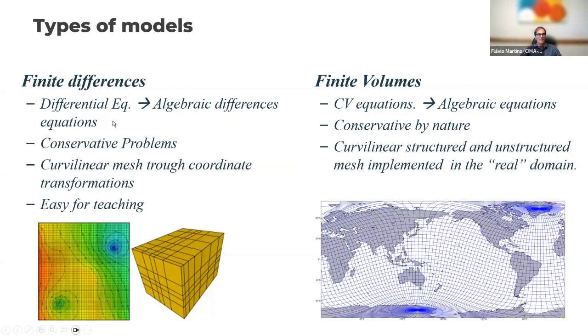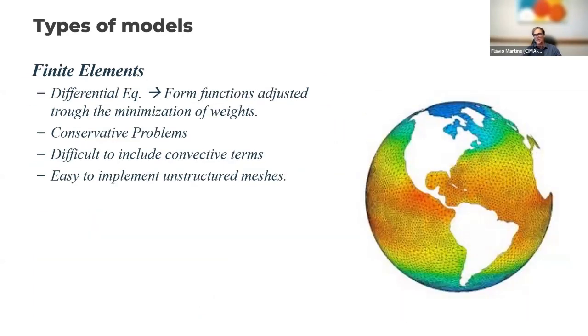Okay? Finite differences are easy to teach, so they are still used in the university to teach. Okay? But usually they are not used anymore in models. Some models still use it, but most of the models don't.